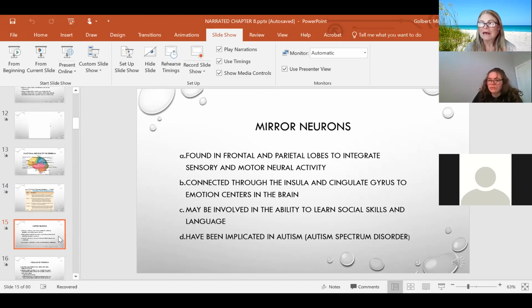Children with autism, it is believed that they may have a problem with those mirror neurons. And so these children have a very hard time relating on an emotional level because their mirror neurons are not developed or they are affected.